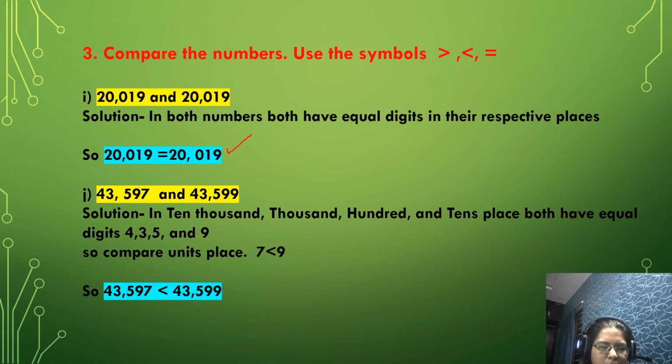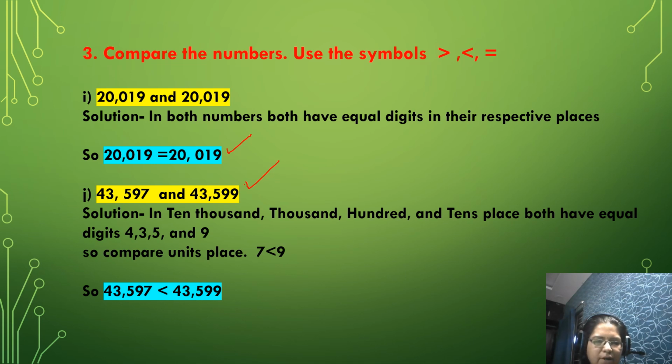Now we compare the next pair, that is 43,597 and 43,599. We read it as 43,597 and 43,599. In the first number, in the 10,000s place, digit 4 is there.